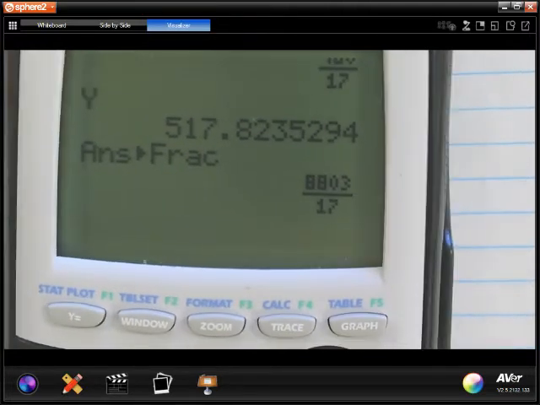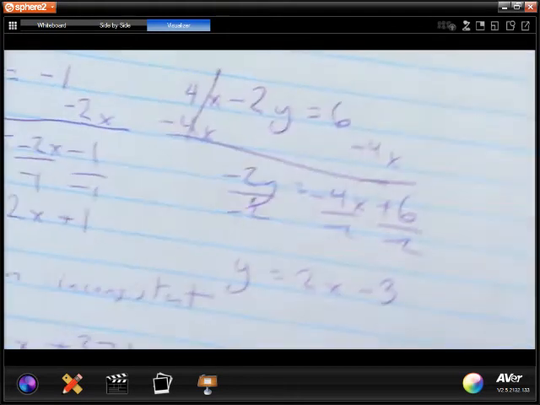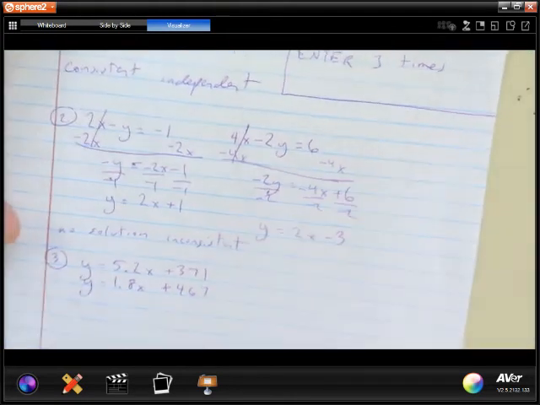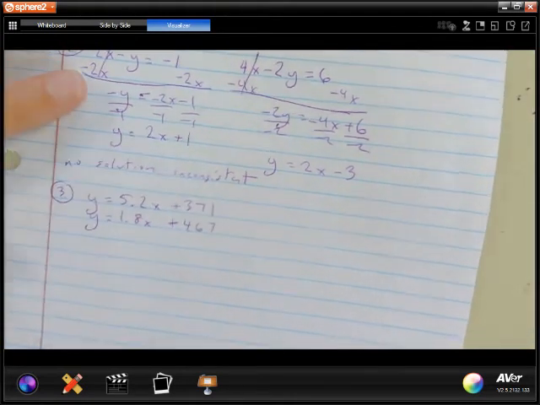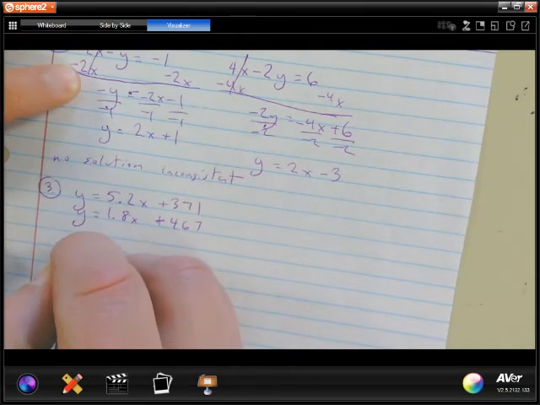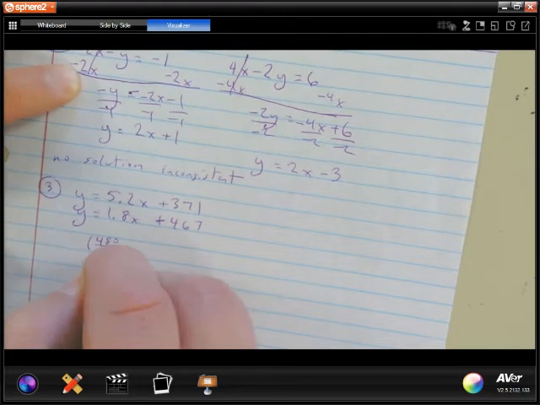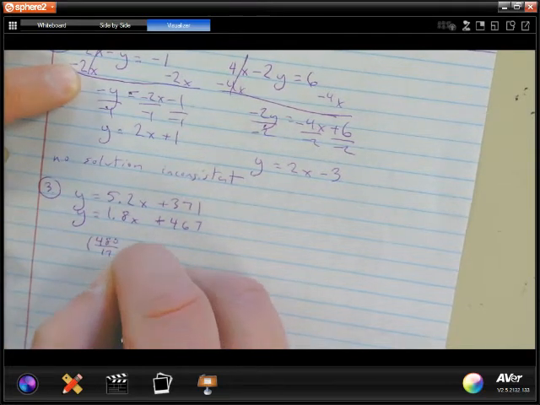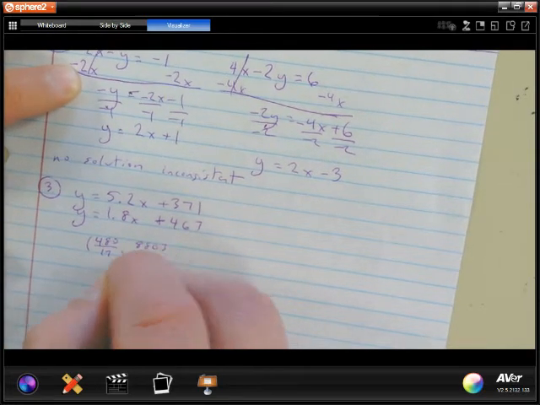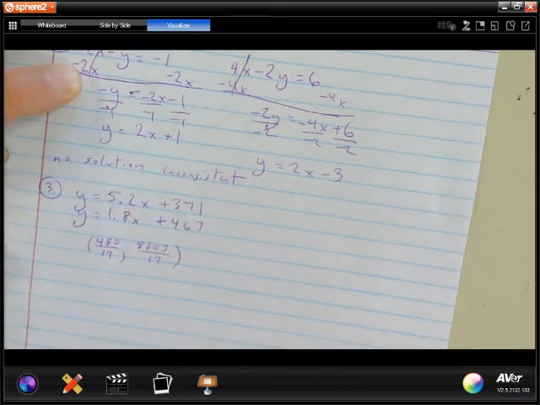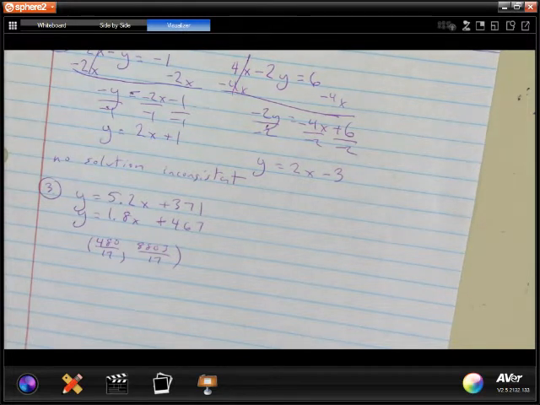All right, so going back. So our solution is, was it 480 over 17? 480 over 17, 8,803 over 17. And then is this consistent independent, consistent dependent, or inconsistent?